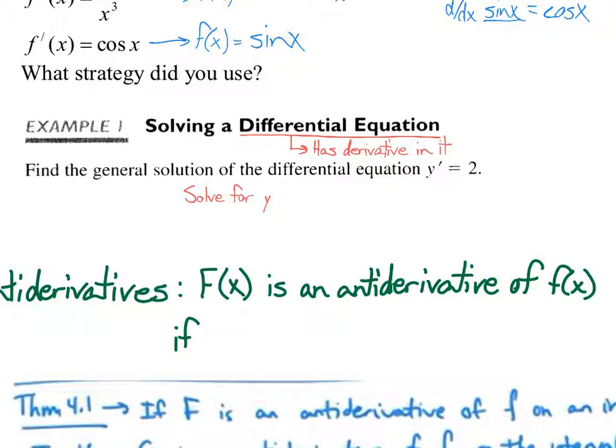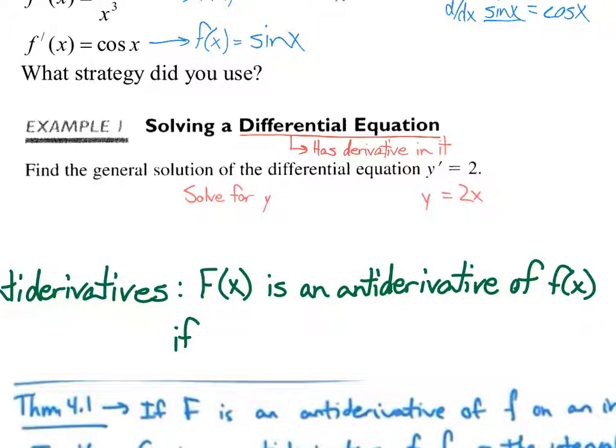So what we do is take the antiderivative of both sides. Okay? The antiderivative of y prime is y, and this is going to be 2x. Alright? But as we just talked about, it could be 2x or 2x plus 5 or 2x minus 7. It could be any of those.